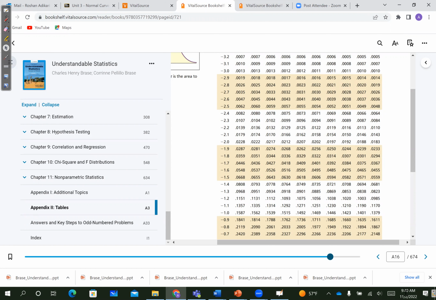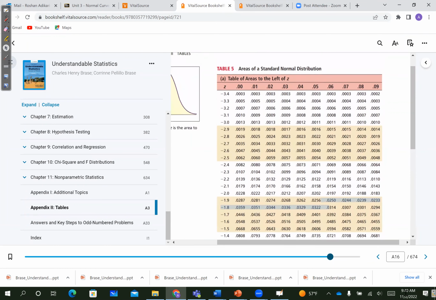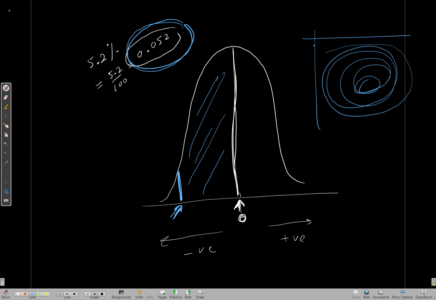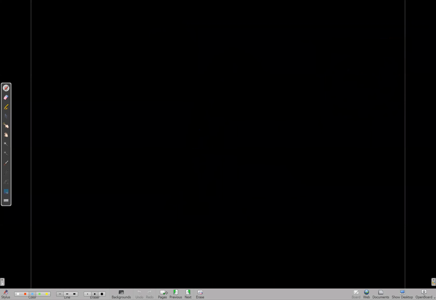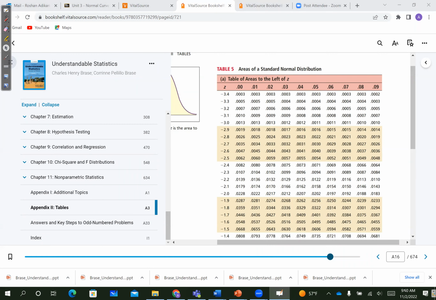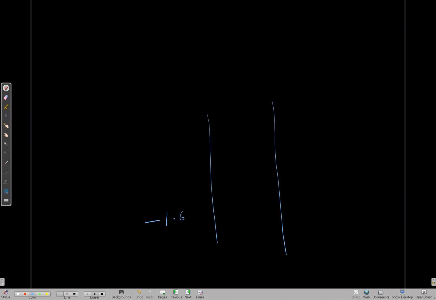Not just that, now you have to go to the column heading. And 0.0526 is under 0.02, and 0.0516 is under 0.03.